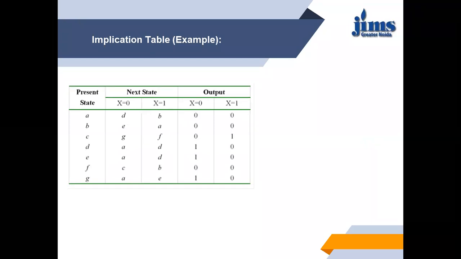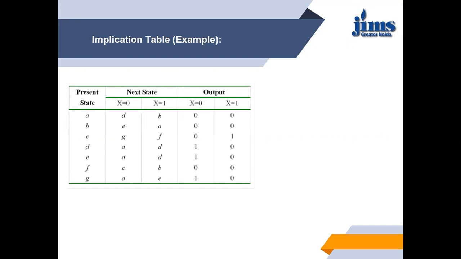Suppose this is a state table and we have to reduce it with the help of an implication table. The next state and the outputs are given for the two input combinations, x equals 0 and x equals 1, and the present states are a, b, c, d, e, f, g.